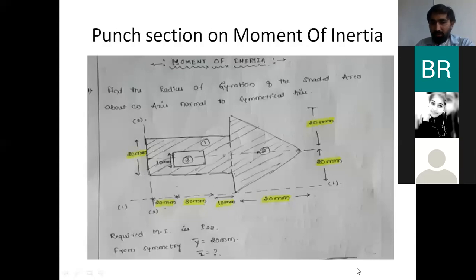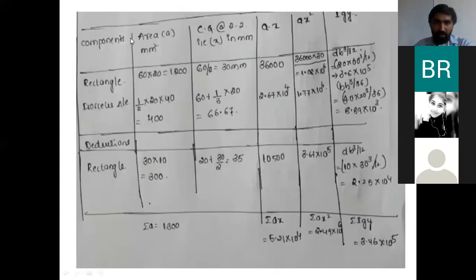If you look at the tabulation, it is similar to that of the centroid only. Here we have the components, the area, and the CG about an axis.